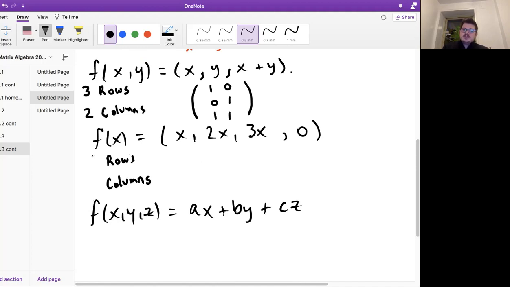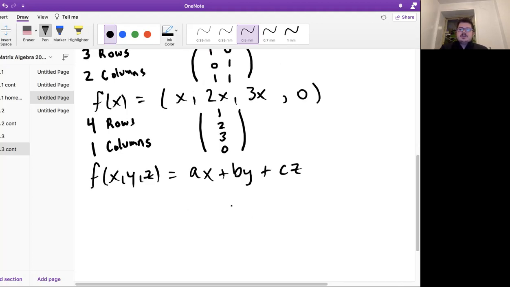Yeah, 4 rows because there's 4 coordinates in the output, and 1 column because there's 1 coordinate in the input. Okay, so read out the column then. 1, 2, 3, 0. So that's it.